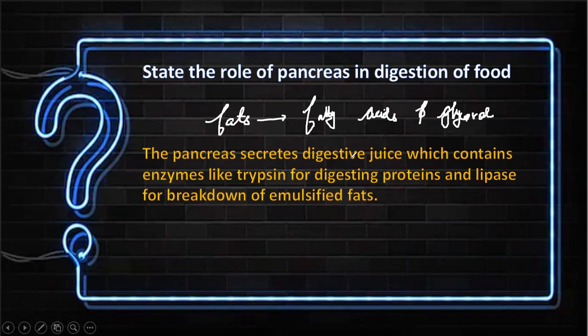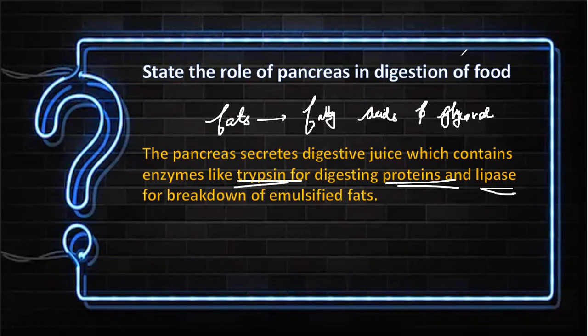So this conversion of fats into simpler units of fatty acids and glycerol is known as what? Emulsification. So for the breakdown of this emulsified fat, what are its components? Either fatty acids or glycerol, right? For their further breakdown, we have an enzyme known as what? Lipase. And for the breakdown of proteins into amino acids, we have trypsin.